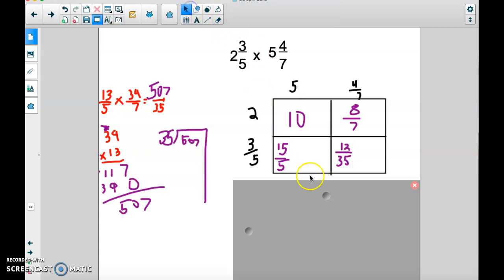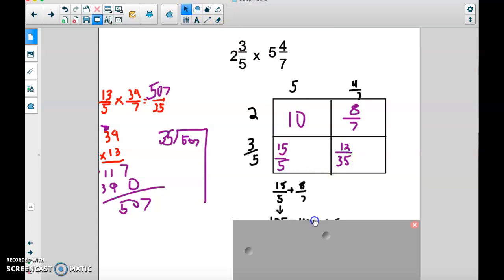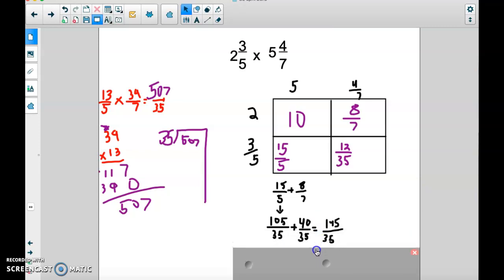And then we'll go ahead and take 15/5 plus 8 sevenths, turn that into 105 35ths plus 40 35ths to get 145 35ths. So now we can check off that we've added these two together.